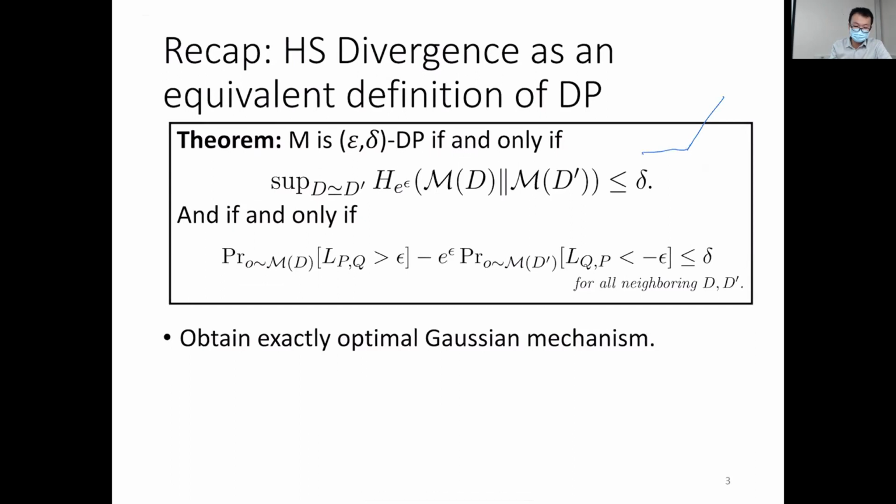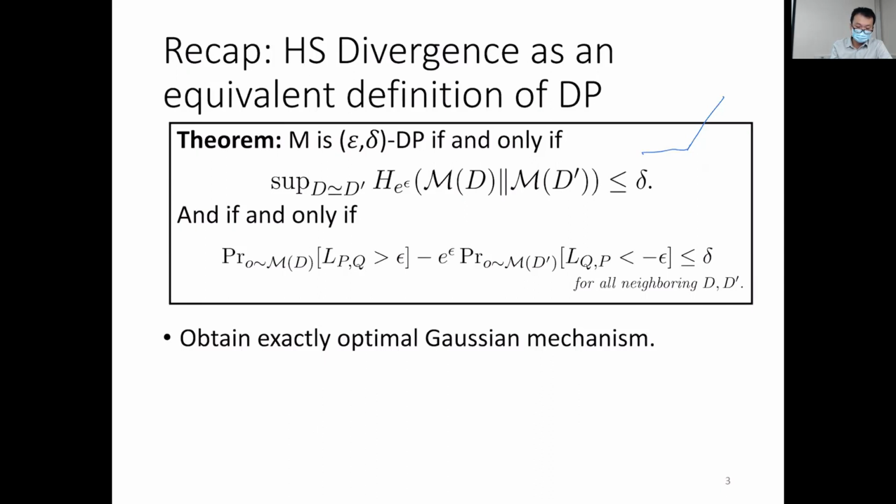It turns out that it is equivalent to epsilon-delta DP. When we write out the definition of the hockey stick divergence, we can rewrite it in terms of the privacy loss random variable of some P and Q. Let's say that P is M of D and Q is M of D prime.